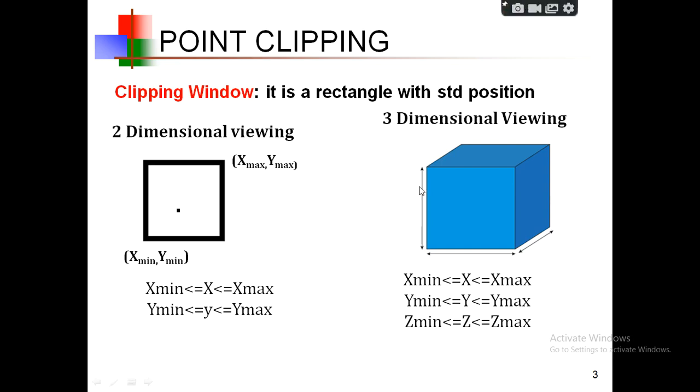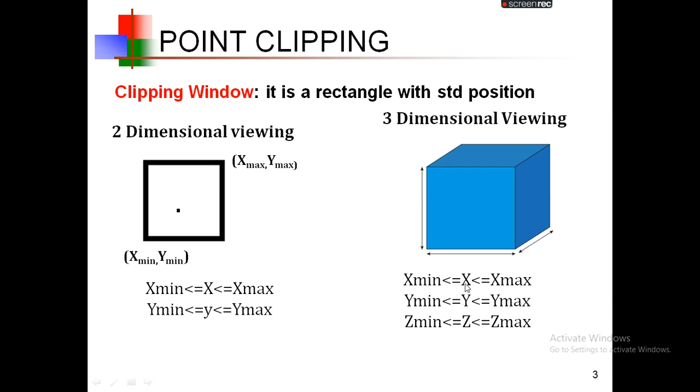If you want to check whether point P in a three-dimensional view lies inside the clipping window or outside, take a point P with coordinate position x, y, z. Check whether this x, y, z ranges within x minimum to x max, y minimum to y max, and z minimum to z max.